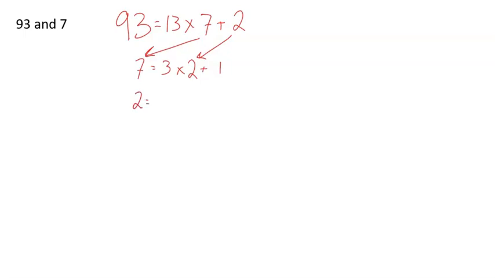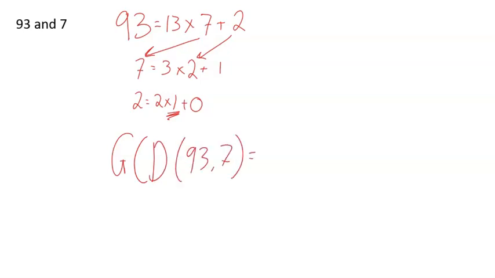This time we're going to have it written in the format 2 equals something times 1 plus a remainder. So what times 1 gives you 2? It's quite simply 2, and there's no remainder at that point. Which means that my divisor for that line is the greatest common divisor overall. So I can say that the greatest common divisor of 93 and 7 is equal to 1.